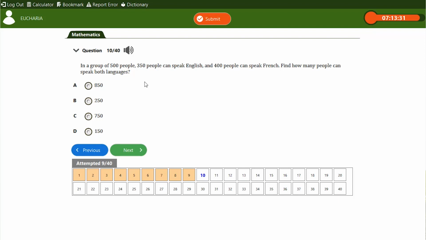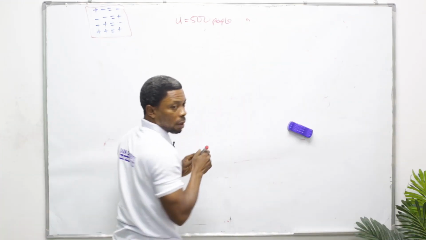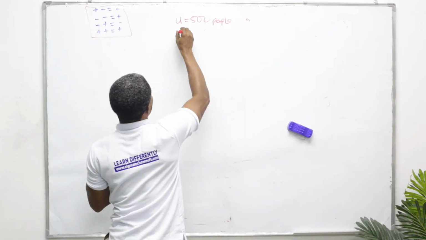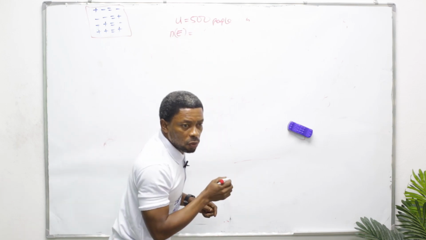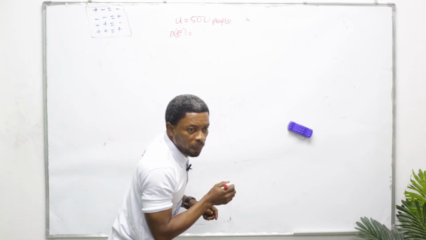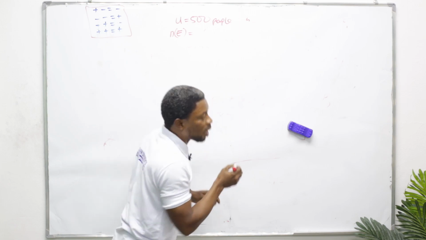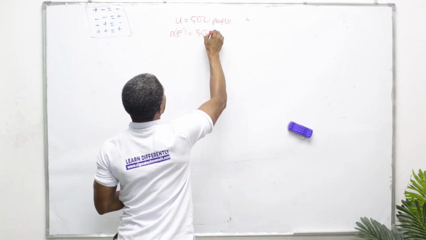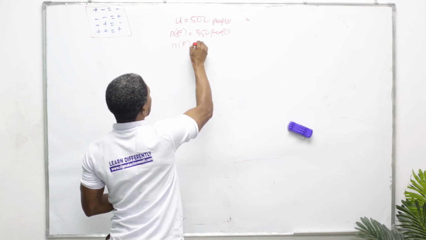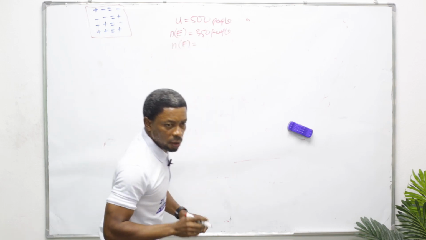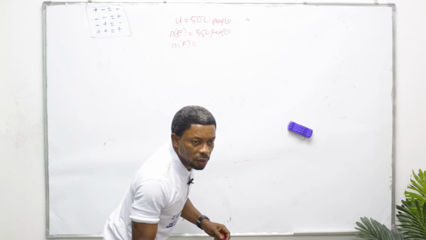Now, from here, I have my union to be 500 people. And then they say people that can speak English. The number of people that can speak English is 350. Number of people that can speak French, I'm using a letter to represent each of these subjects.